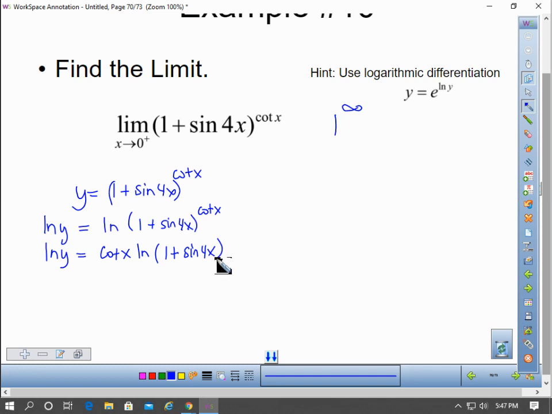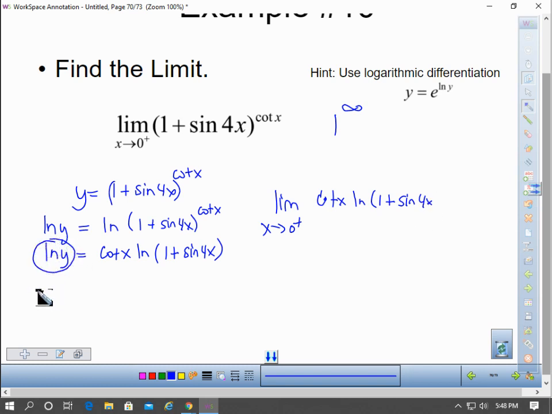So now I've got this expression, ln of y equals the cotangent x times the ln of 1 plus sine 4x. Now take the limit of that. We're doing the limit as x goes to 0 from the right of cotangent x times ln of 1 plus sine 4x.